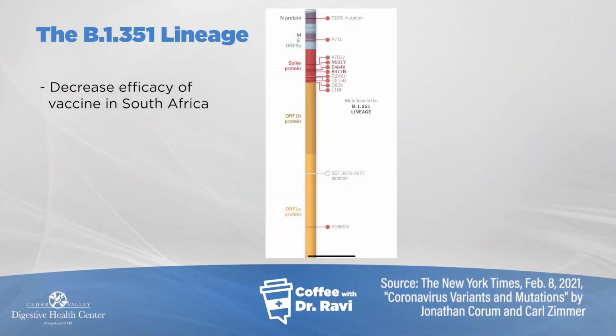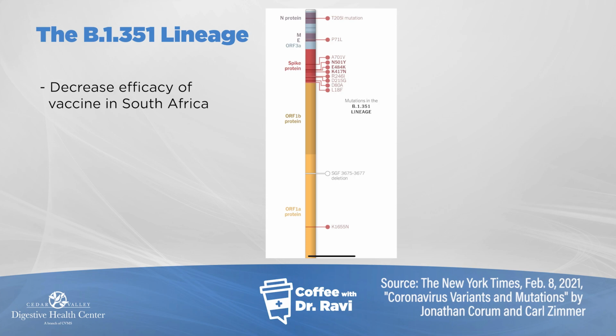The next one that is of significance is the B.1.351, which is the South African variant. This has come to the news because the AstraZeneca vaccine has been found to have some decreased efficacy against it.